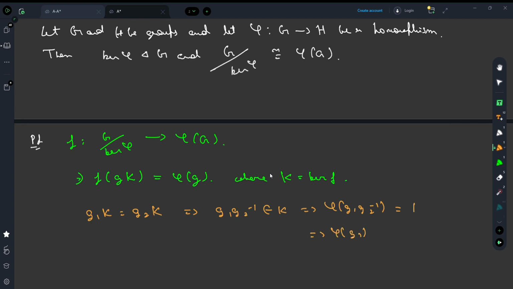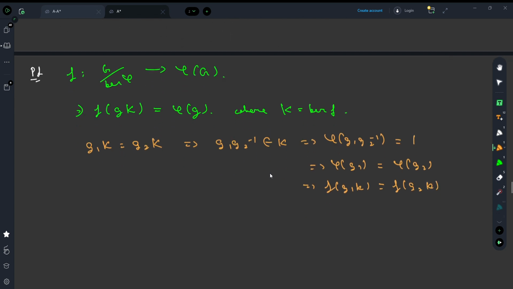But again, by properties of homomorphism, it would imply phi of g1 is equal to phi of g2. But phi of g1 is nothing but f of g1K, and phi of g2 is nothing but f of g2K. So two identical preimages give two identical images. Hence f is well defined. Right.